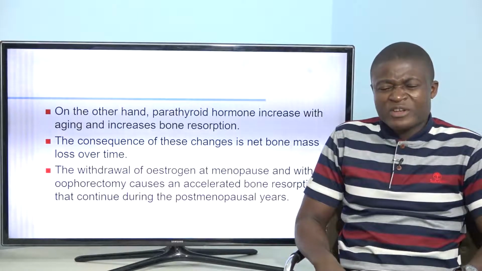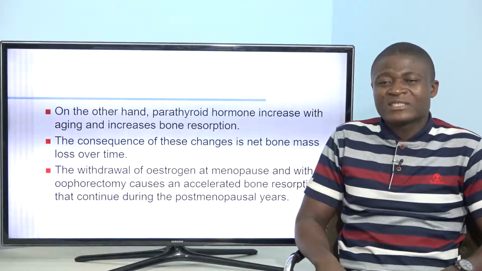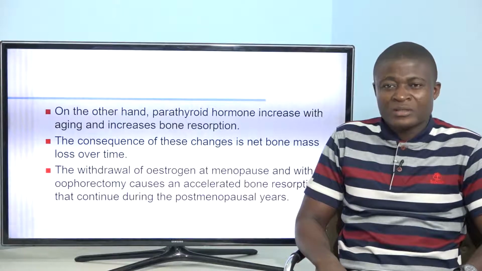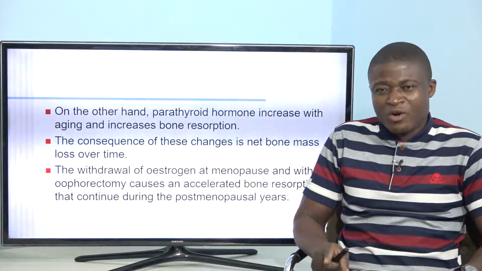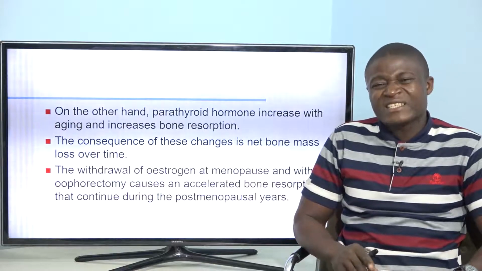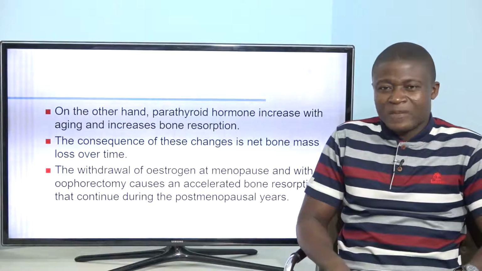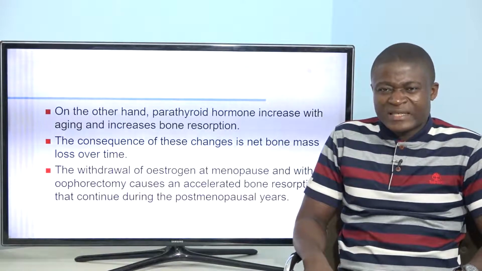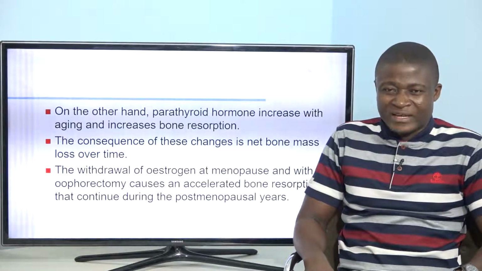But unfortunately, when you get to 35 years and above, and estrogen and calcitonin start to decline in productivity, parathyroid hormone, who is their enemy or their opposer, starts to increase from that age. It begins to increase in productivity. So you can see what is going to happen. The consequence of these changes is net bone mass loss over time.